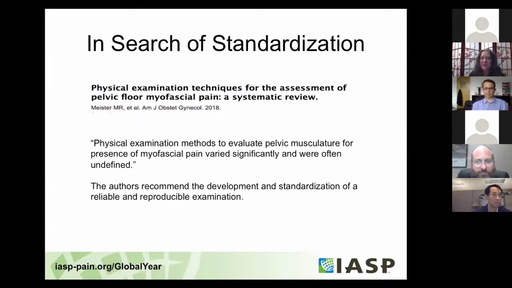So we are not yet standardized in how we do an assessment of pelvic floor myofascial pain or functional measures, and we rely really heavily on continued research to be able to get better at that at a clinical level.